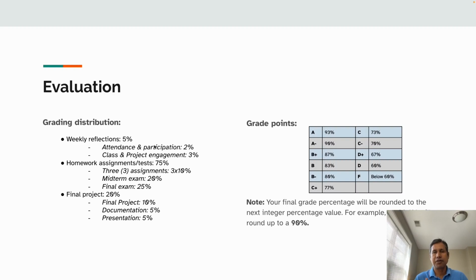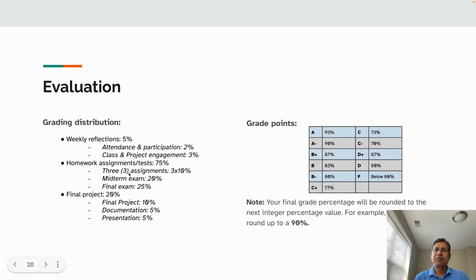I want you to be an active participant in this course, although it is asynchronous. We will disclose the details of the project in the coming days, but again, we want us to get engaged as part of this learning journey.